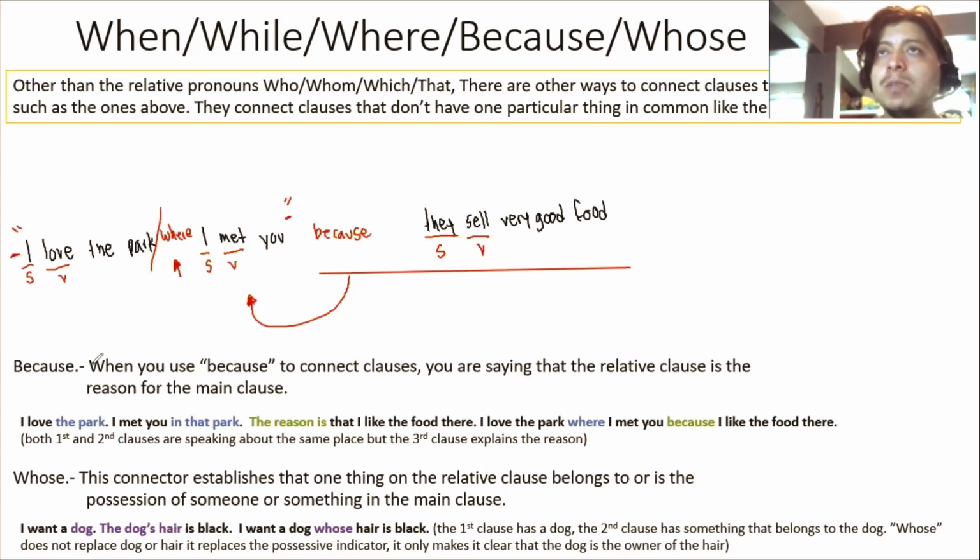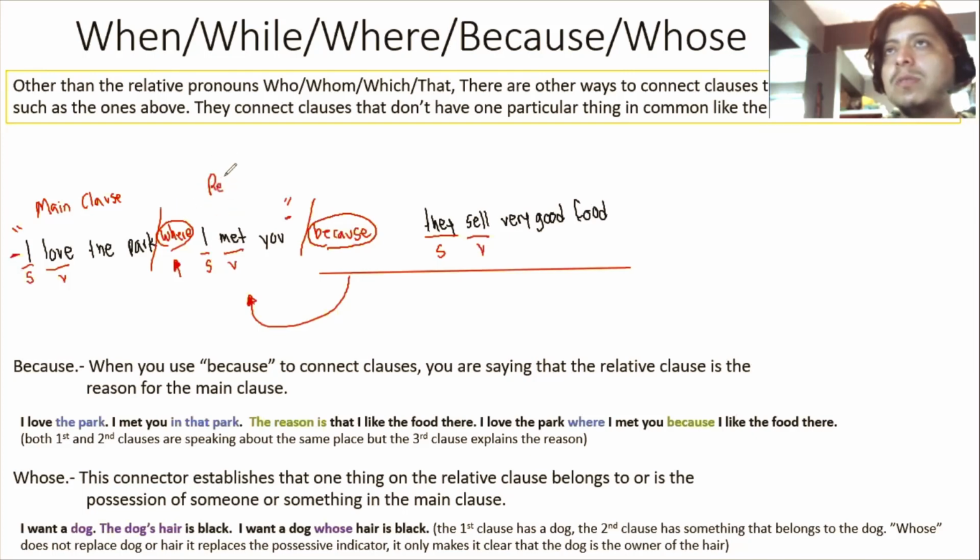Here is my second clause. This is the first clause, this is the second clause, and this is the third clause. This is a connector and this is a connector. They are the indication of the next clause. This is the main clause because it doesn't have a connector. The main clause is I love the park.